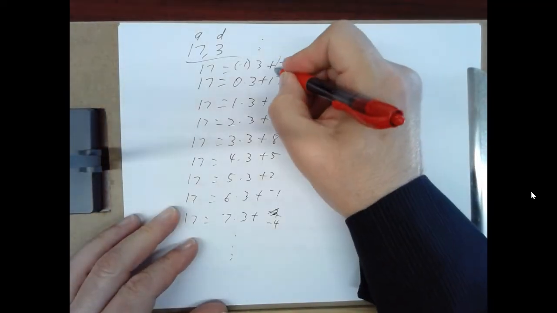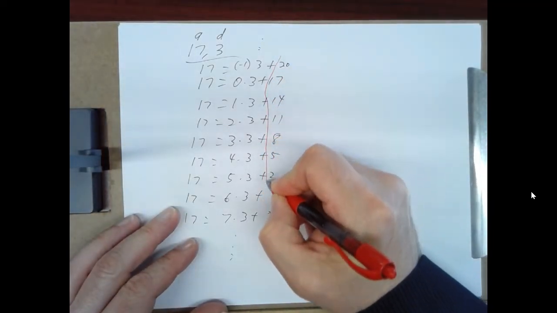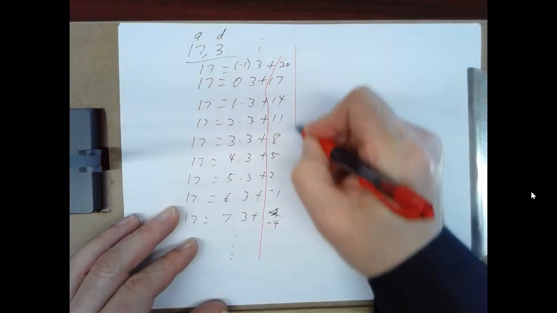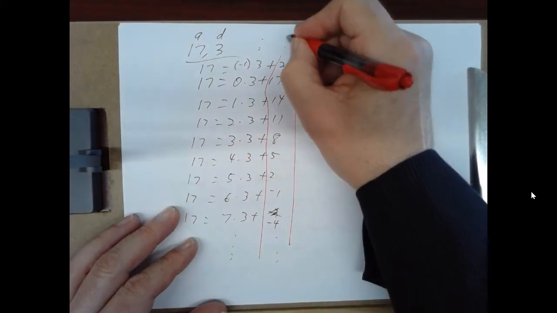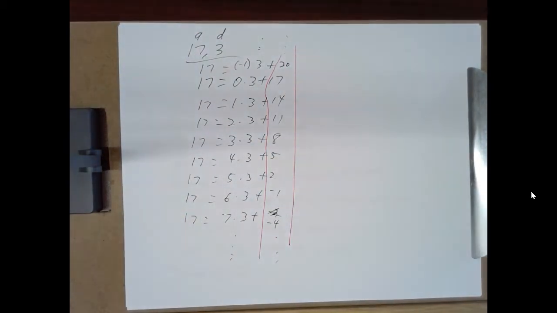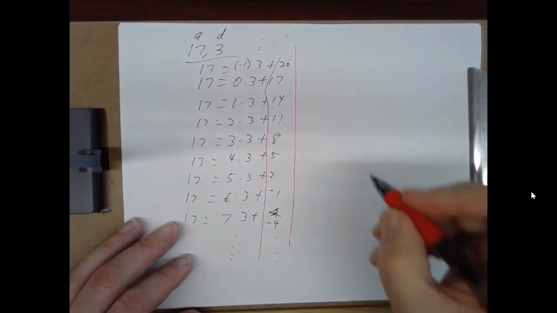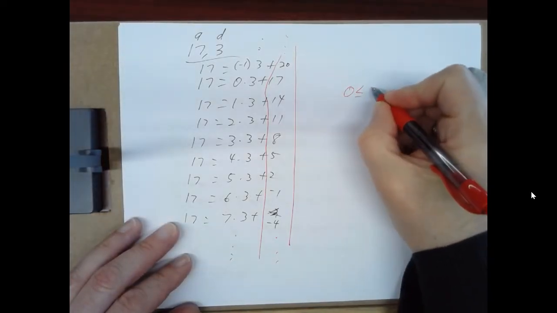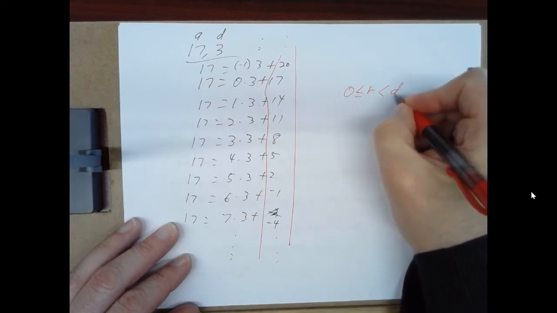But if we look at all of these remainders, for all the possible ways we can write 17 as something times 3 plus a remainder, there's a way to pick out a unique one of these remainders, which is to have the requirement that our remainder is bigger than or equal to 0 and less than our divisor.